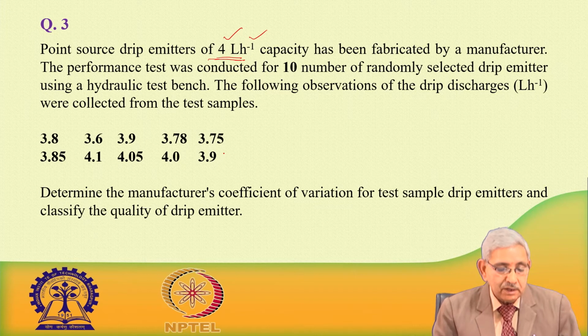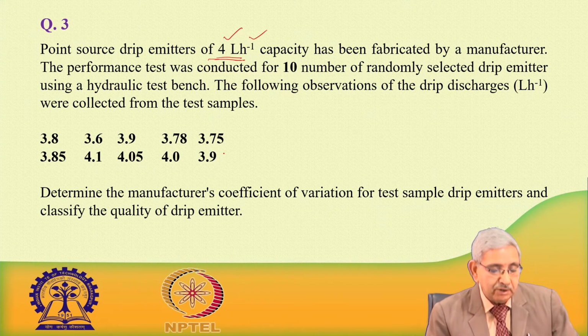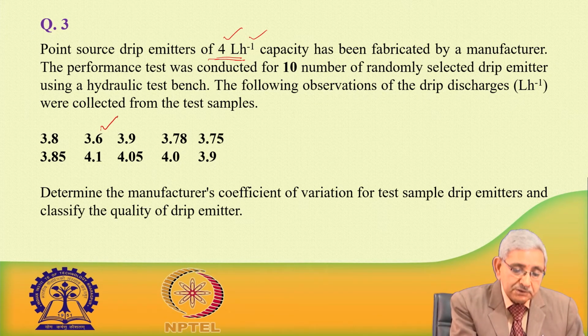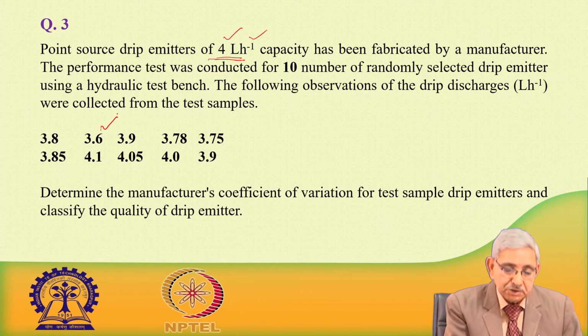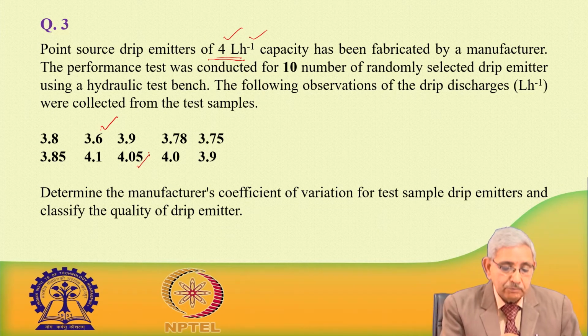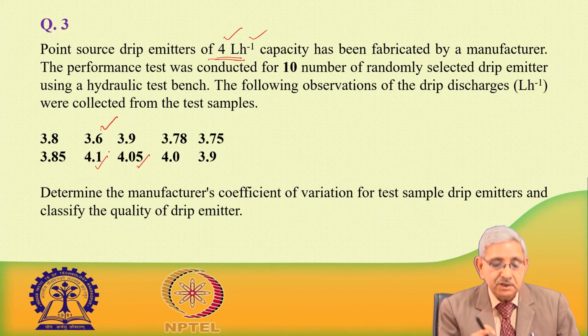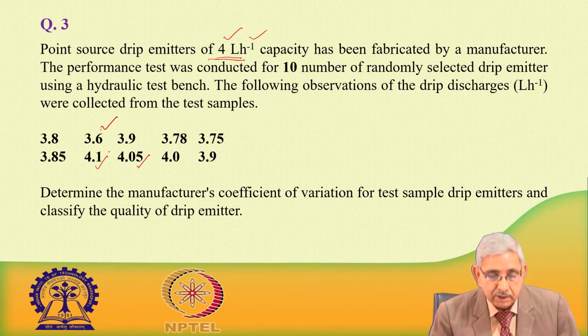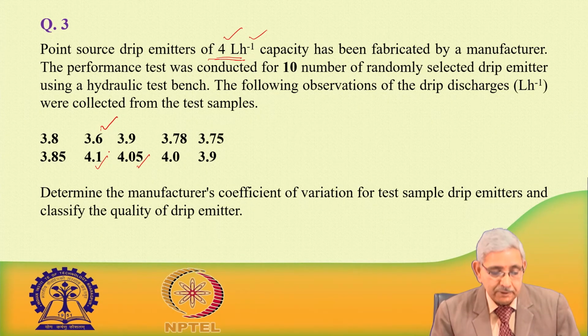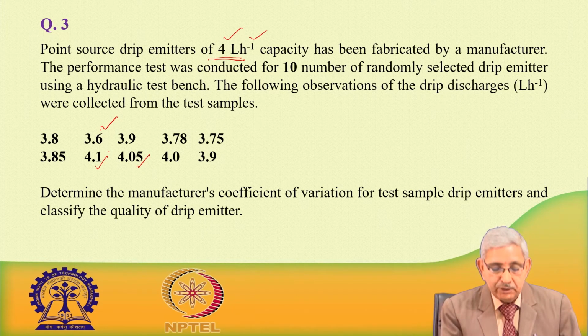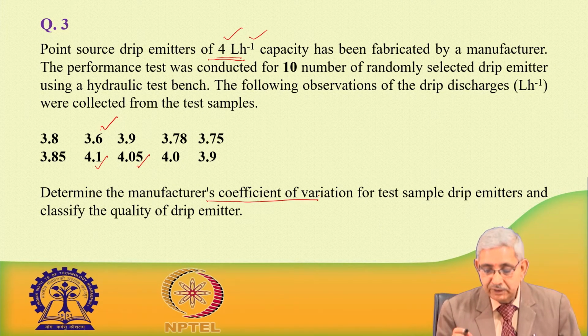The discharge is varying from 3.6 liter per hour to a maximum of 4.1 liter per hour. So, this is the variation in this range. These 10 observations are obtained. From these data we are required to determine the manufacturer's coefficient of variation.